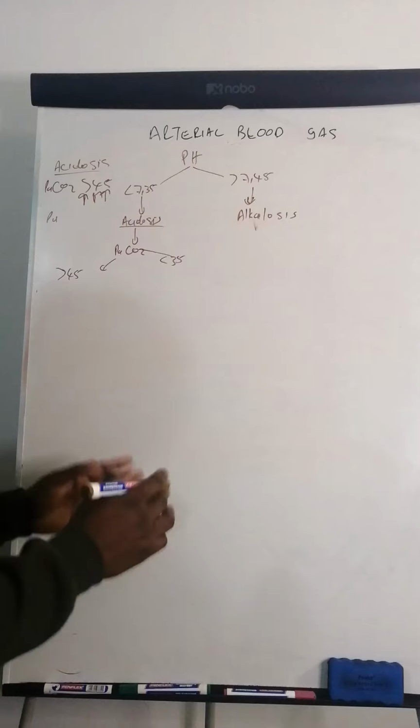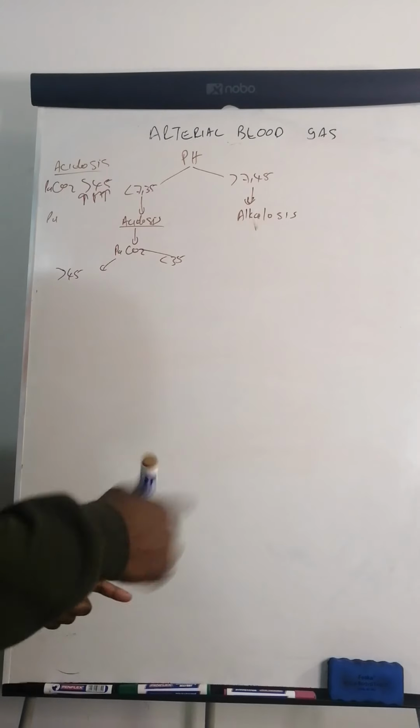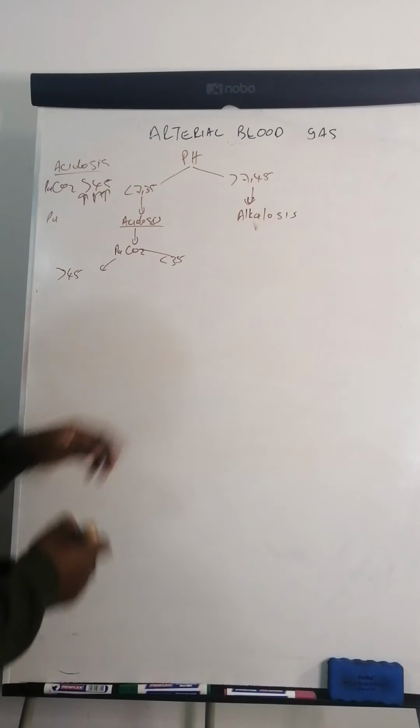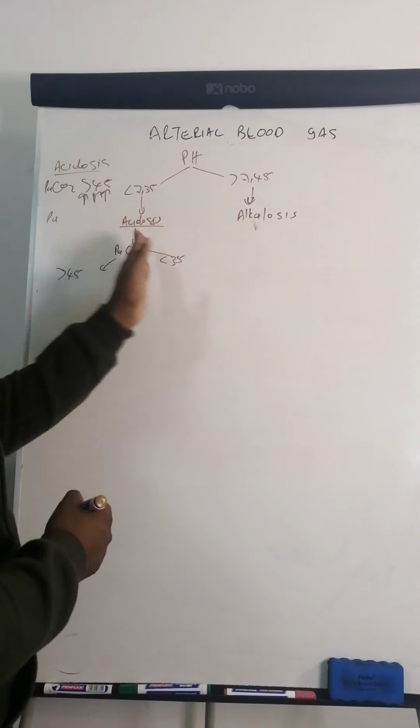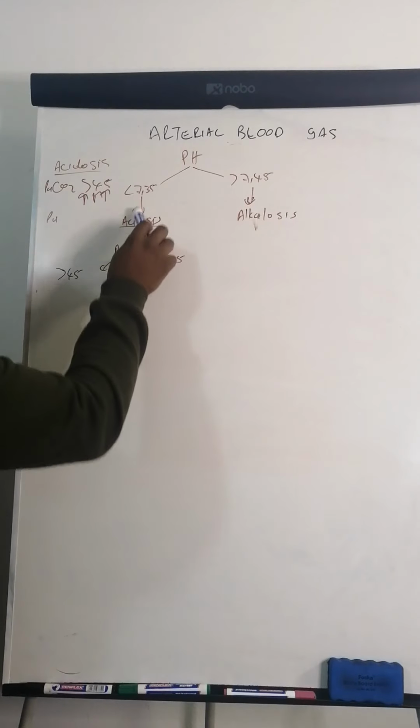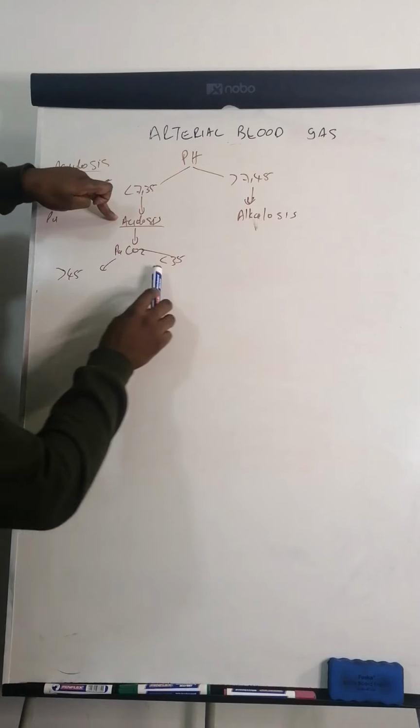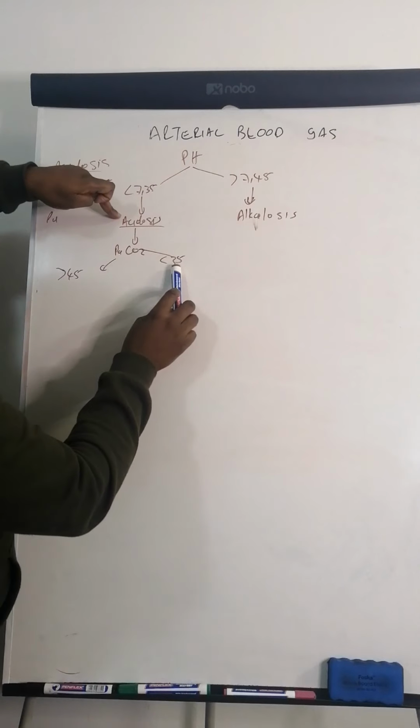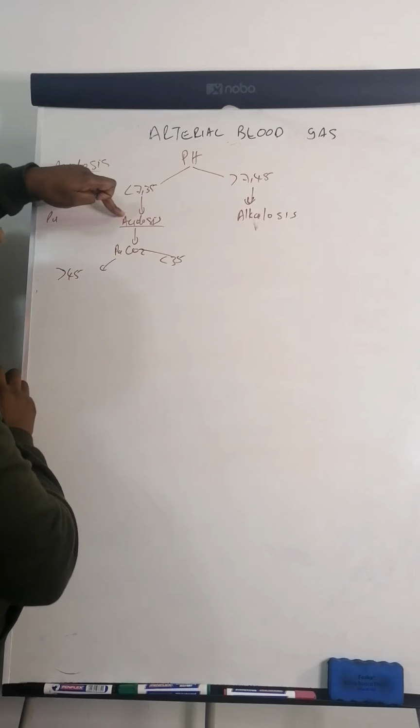We know that to have acidosis from CO2, it must be increased. So for this patient, who's got acidosis, the partial pressure is less than 35.